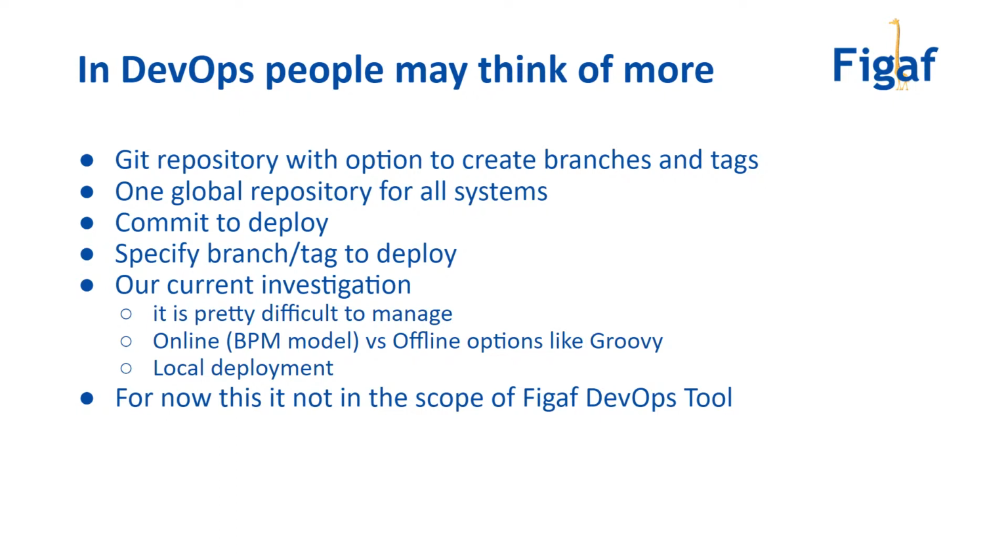You are able to commit, and once you commit it, it may be deployed on some local system that you can run and test. You may specify specific branches or tags that you want to deploy into production. At the moment, we see it as a little difficult supporting all these different things.